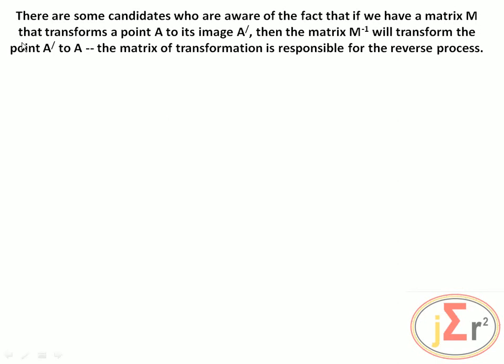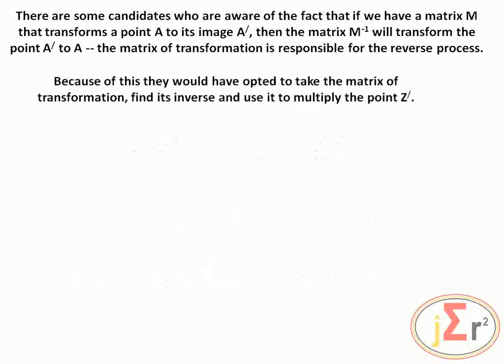So if we are attempting to find Z, and we have Z prime, we take Z prime and multiply it by the inverse of the matrix of transformation, and we will result in Z. Students know that.